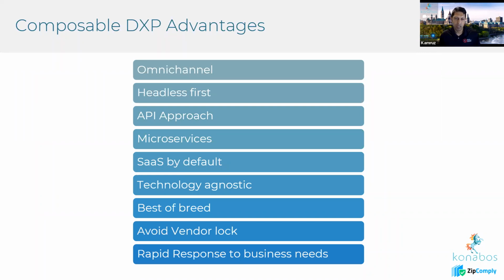So moving from one partner agency to another is also opened up and gives you a lot more choice. And because these systems are headless, cloud-based and very easy to onboard, you can respond to changing business needs very rapidly.